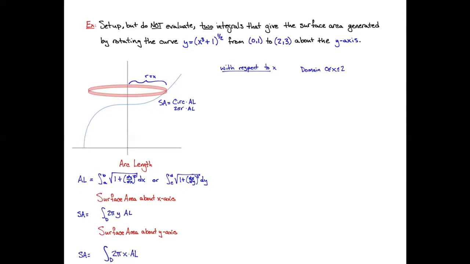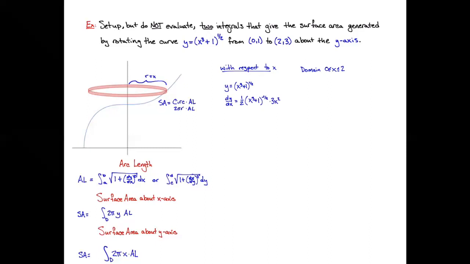Then we need to know our arc length with respect to x, and for that we need to find dy/dx. Y equals (x cubed plus 1) to the 1/2, and so dy/dx equals 1/2 (x cubed plus 1) to the negative 1/2 times 3x squared.